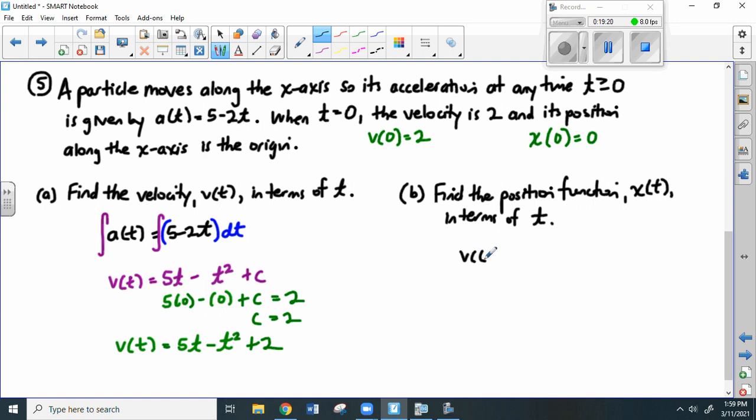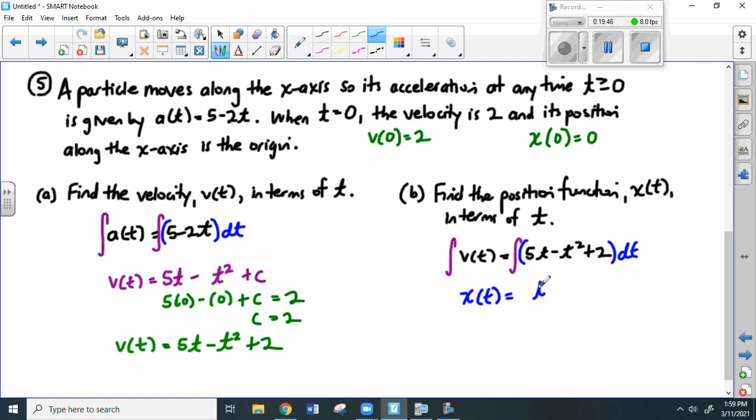That means I'm going to start with the velocity function I just had. Okay, I'm going to technically set it up correctly by putting a dt out here before I integrate. Okay, and when I integrate velocity, all right, that takes us back to position.